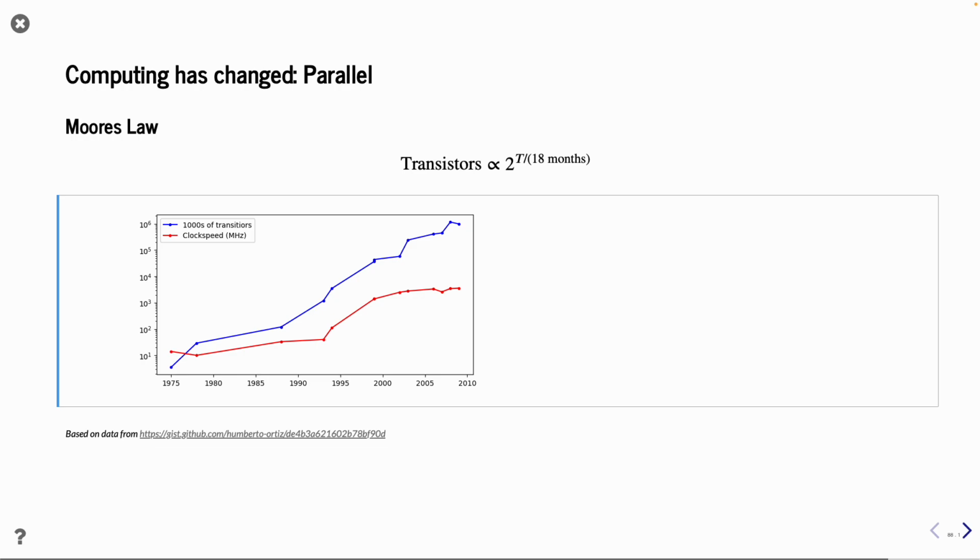So the trick is that they put more CPUs on the chip, and that has been the story for quite many years now. And if you have many CPUs, you also have to have your code prepared for it. That means you need to have parallel code. Either you have to use parallel libraries, which use the full power of the CPU, or else you have to code it in a way that it's parallel, but that's a bit more tricky.